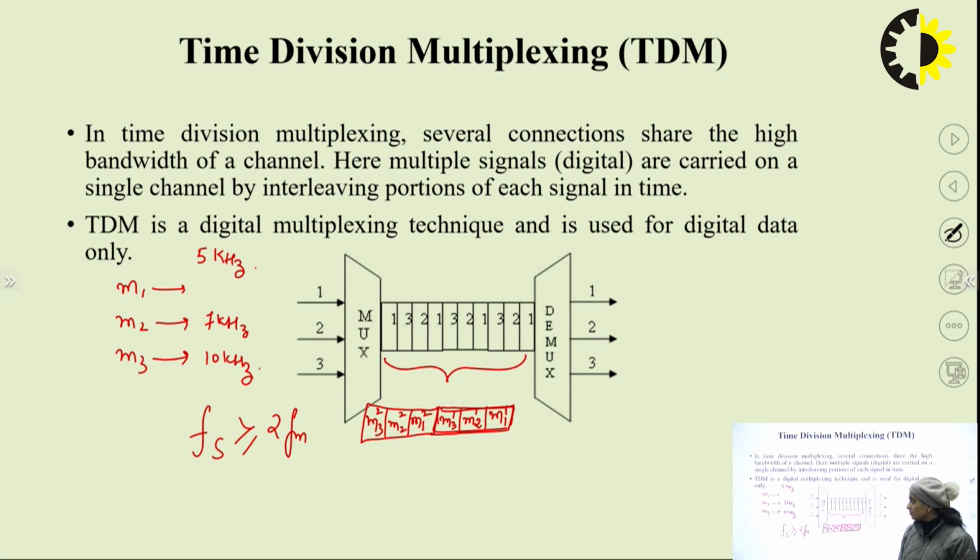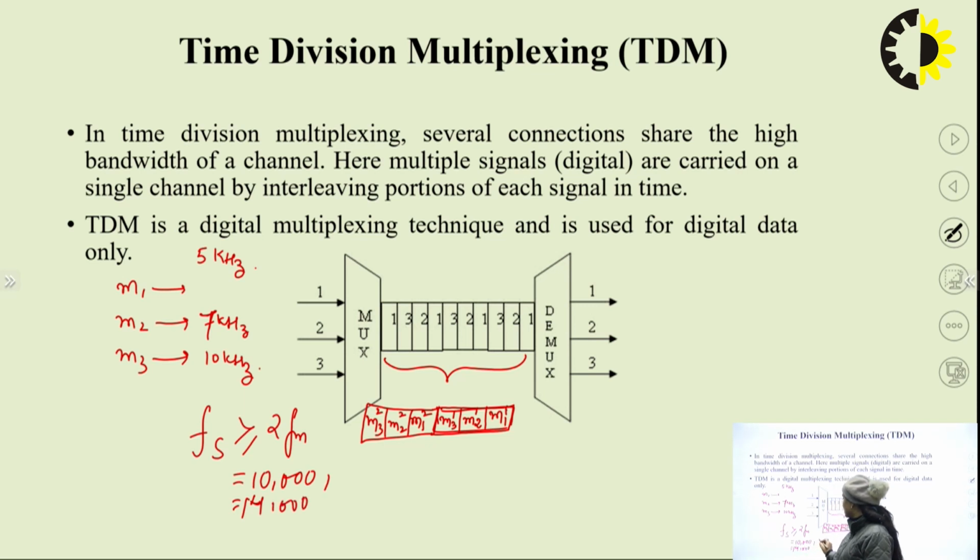If I consider my first message, which is of 5 kilohertz, the minimum number of samples that I have to make in a second must be 10,000, isn't it? If we talk about the second message, the minimum number of samples that I have to make is at least 14,000.